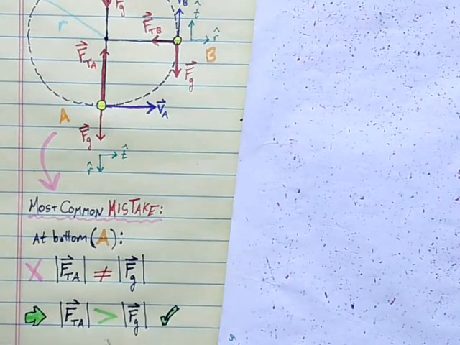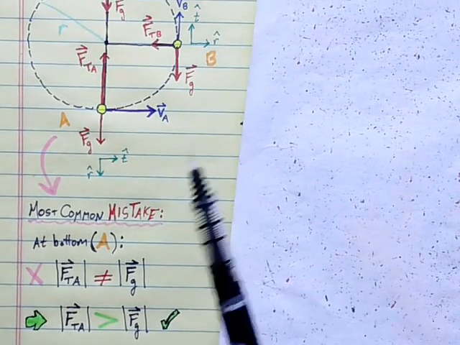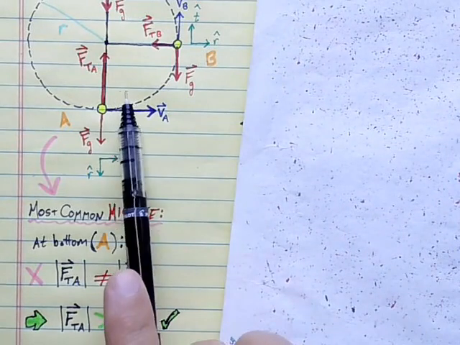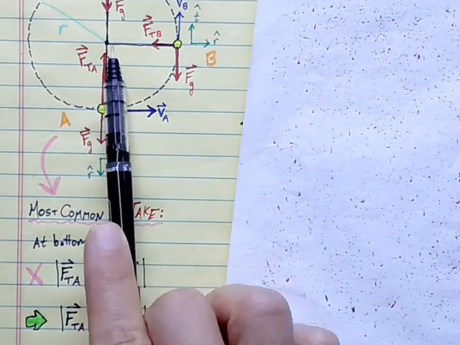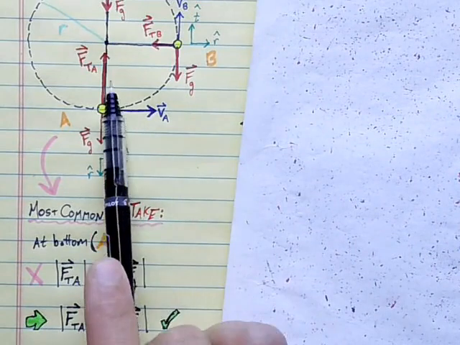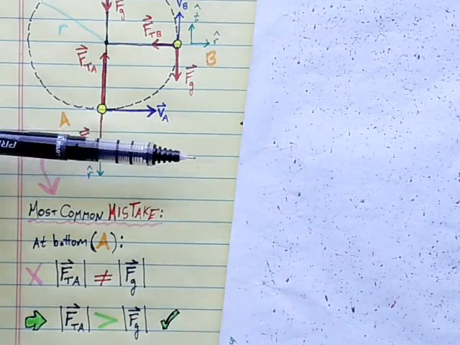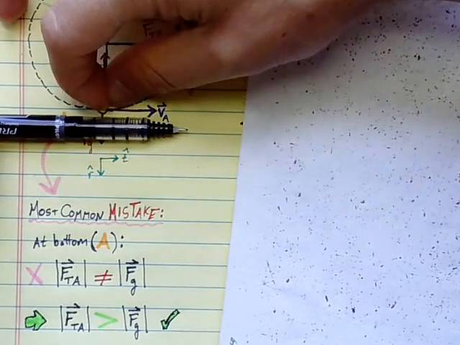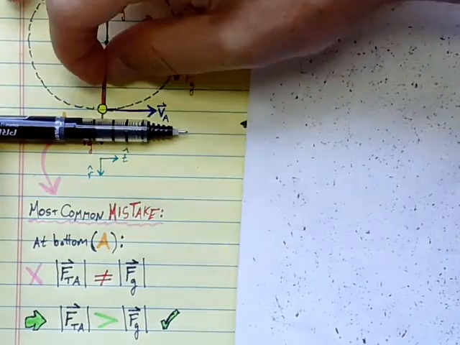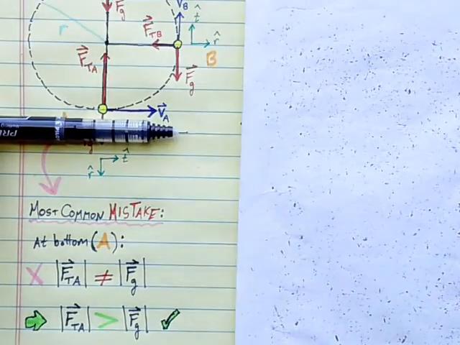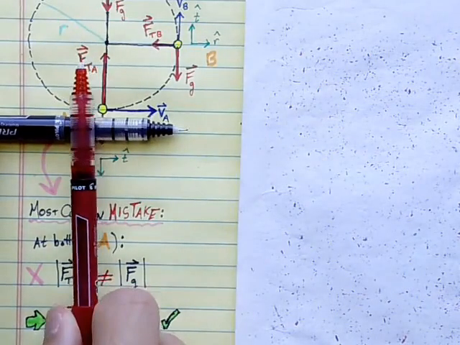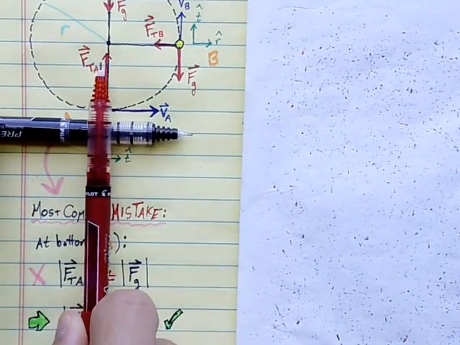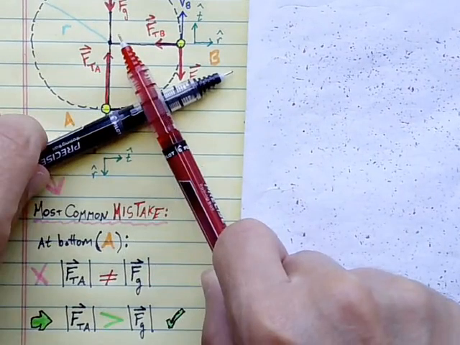They cannot be equal. Tension must be greater than gravity, so we have a net force upwards, or more to the point, a net force in towards the center of the circle, a centripetal net force, so that with our velocity to the right and our net force pulling upwards toward the center of the circle and acceleration upwards, let this red pen be the acceleration, with velocity to the right and acceleration up, the acceleration is going to be pulling the velocity vector upwards.